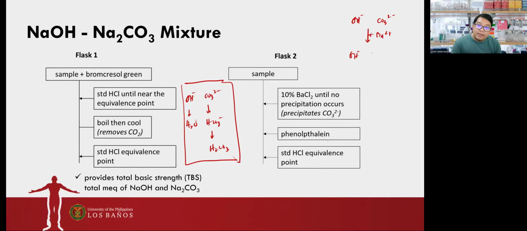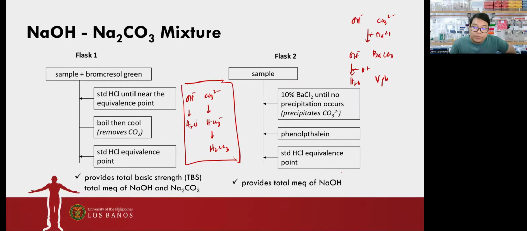So yung carbonate natin ay magiging BaCO3. Okay? Tapos, kapag lahat ng carbonate ay natanggal na natin as precipitate, so we can now continue titration to determine the amount of OH. H2O. So, ito ay VPH. Okay? So, sa VPH natin, we can determine the amount of NaOH present.